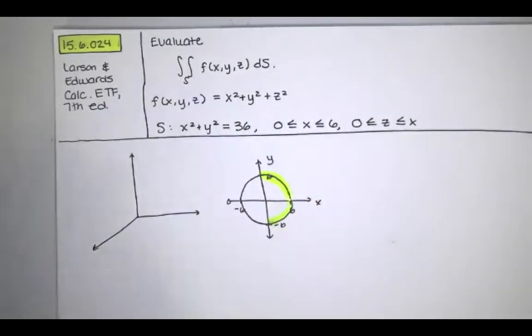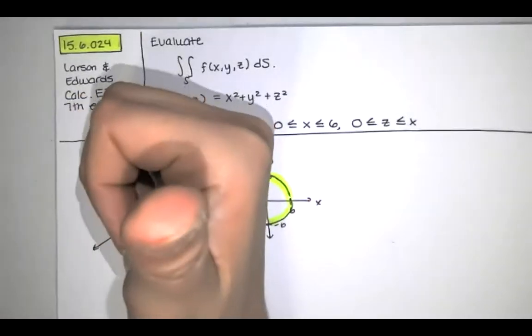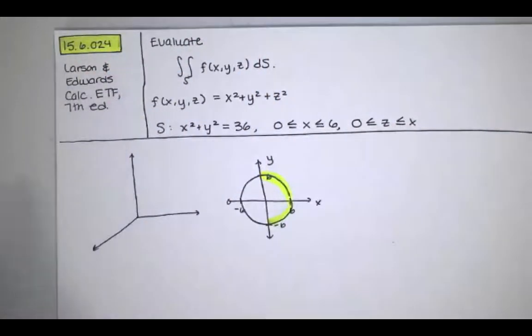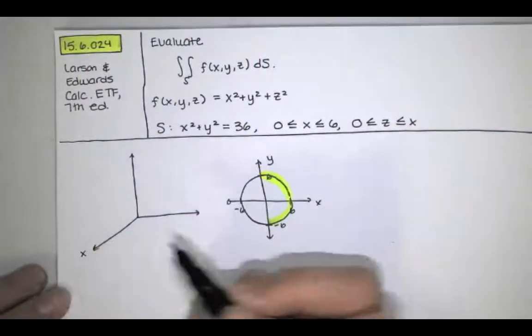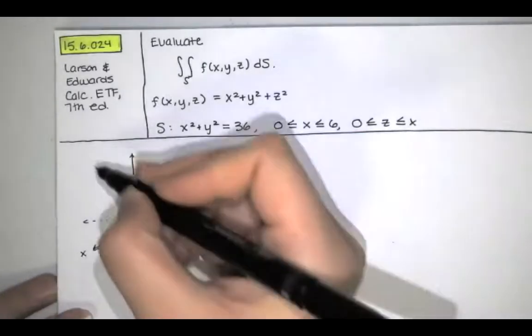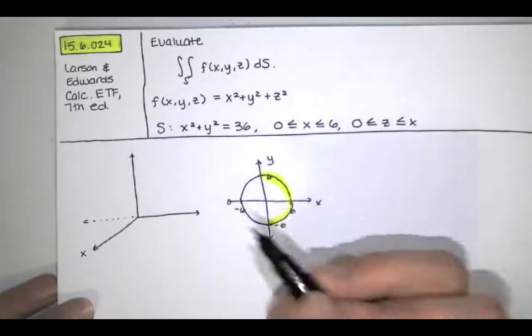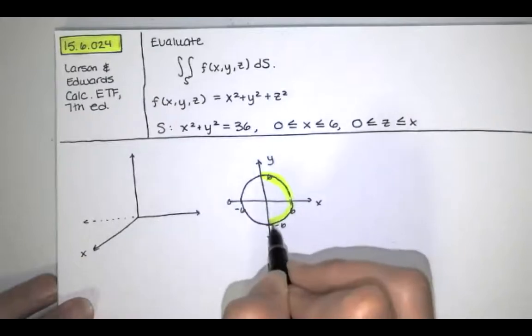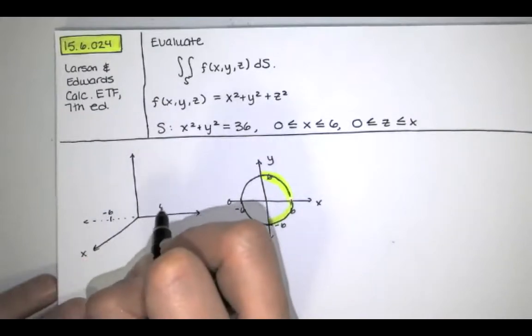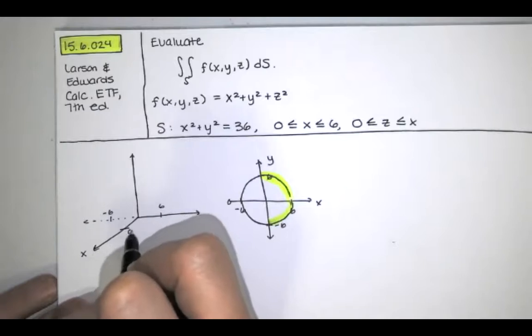When we graph it over here, where the x-axis is sort of coming out of the page at us, the y-axis is to our right, and the z-axis is pointing straight up, it's going to be the part of the cylinder that's closest to us. It's going to be this half over here. So y ranges from -6 to 6. X goes from 0 to 6.